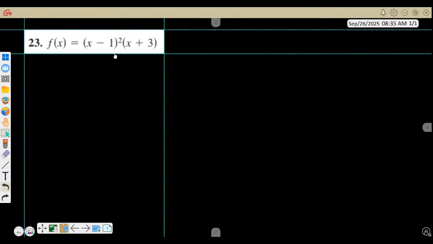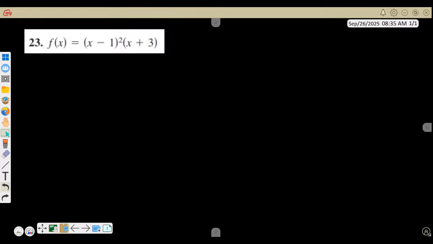This is our function. And what we have to find? Find the critical points, find the open intervals on which the function is increasing or decreasing, apply the first derivative test to identify the relative extrema, and use a graphical utility to confirm.